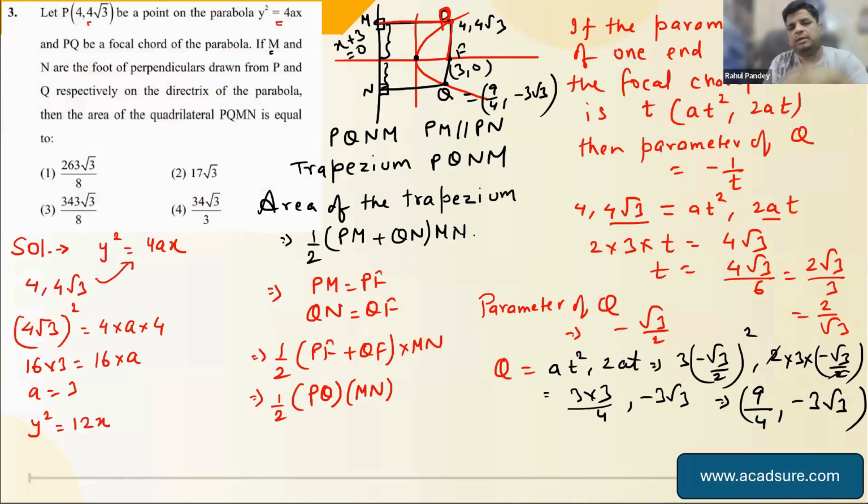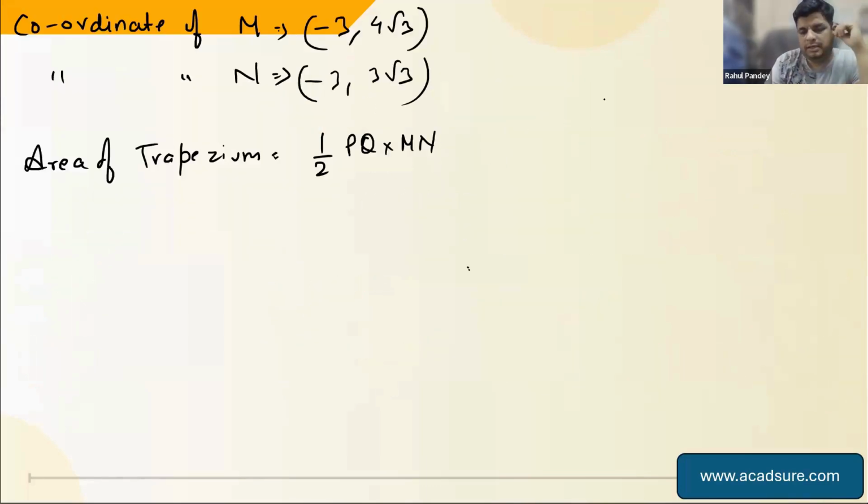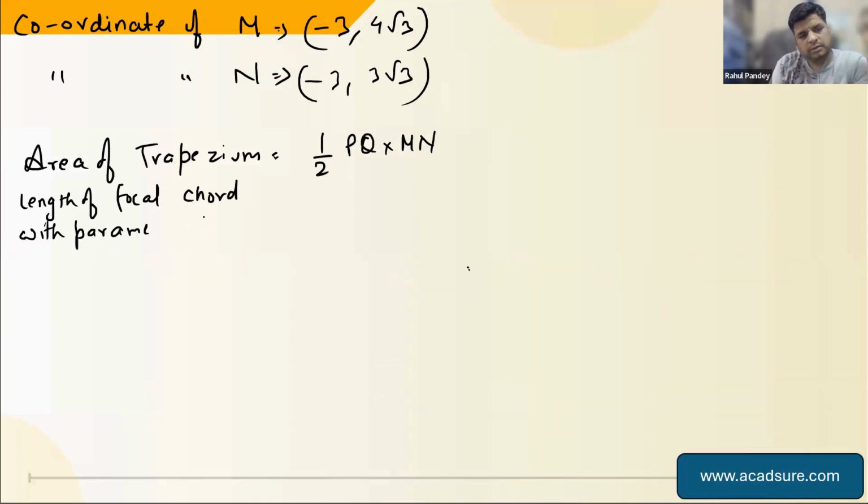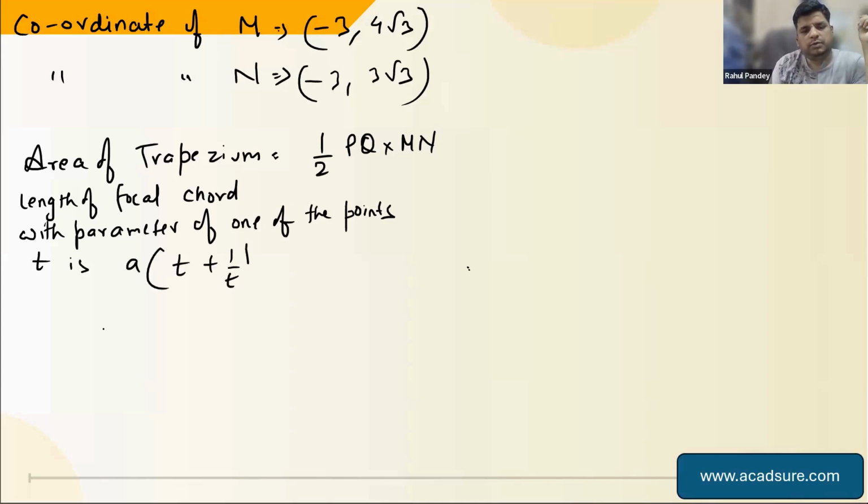And we have another property: the length of a focal chord with parameter t of one of the points is a(t + 1/t)².